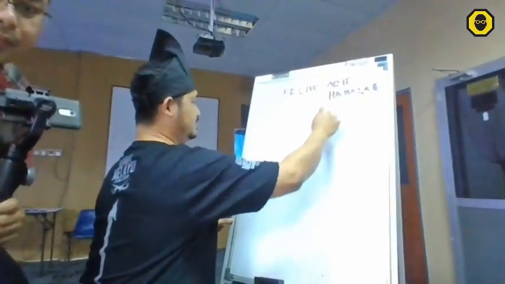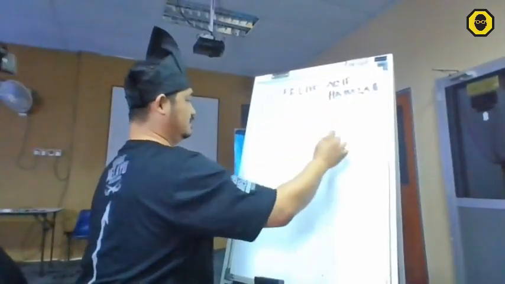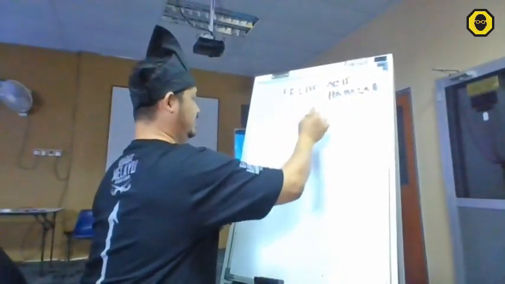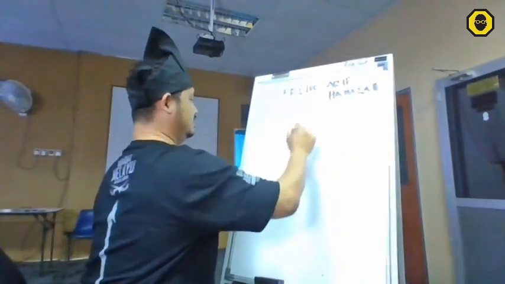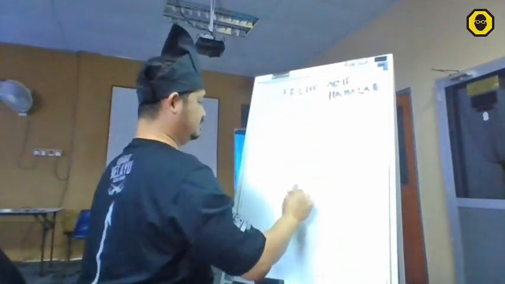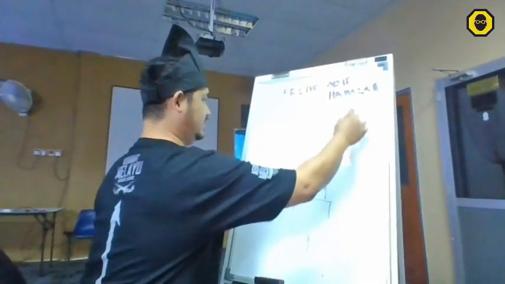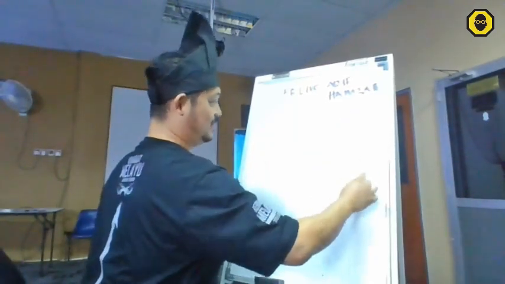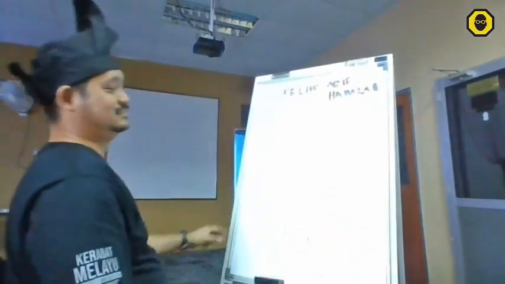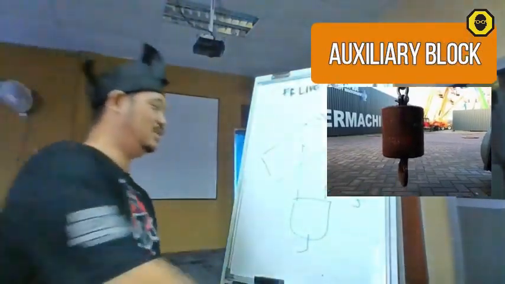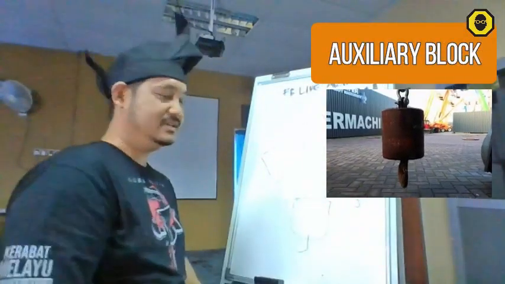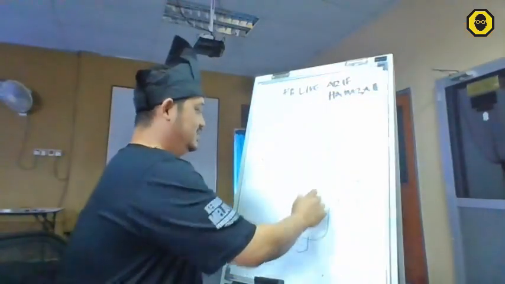The top one will be the auxiliary block. This is the main block, which is bigger than the auxiliary block.